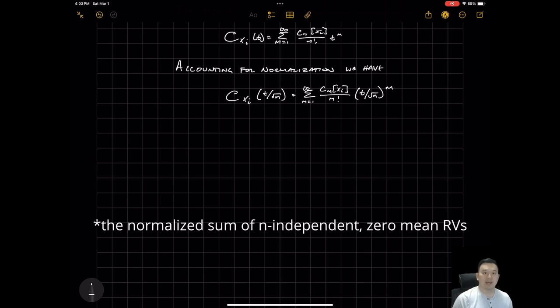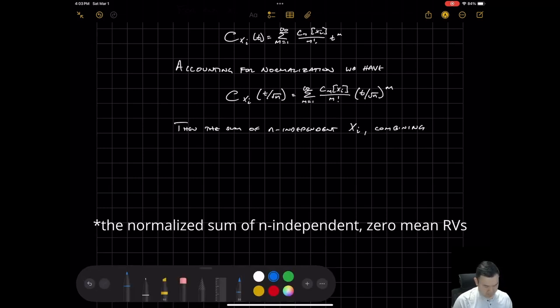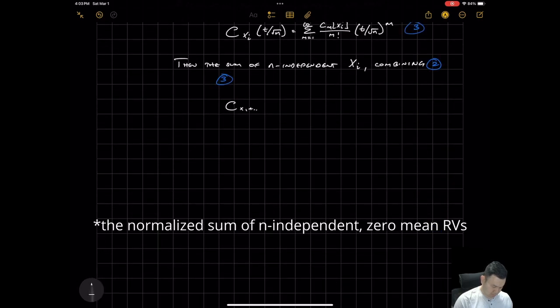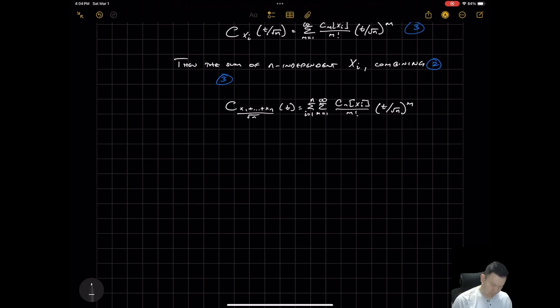Then the sum of n independent zero mean random variables is as follows. To understand each cumulant's behavior, we focus on the coefficient of each t to the mth power over m factorial. To do so, we first isolate the coefficients by order over independent random variables, giving the following.